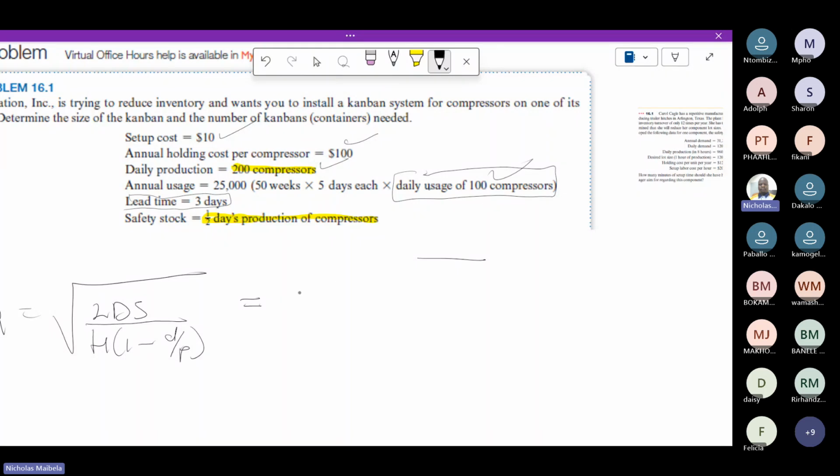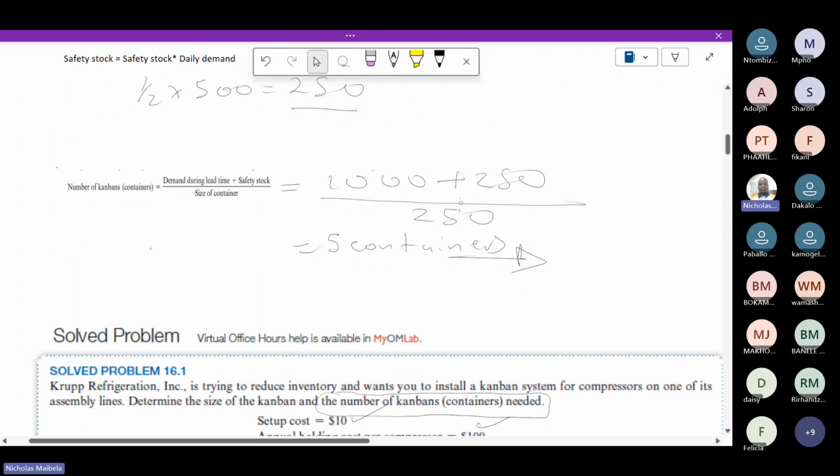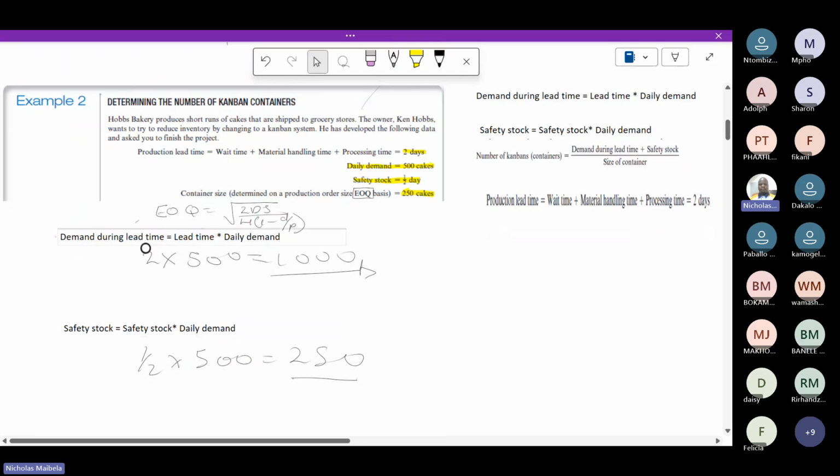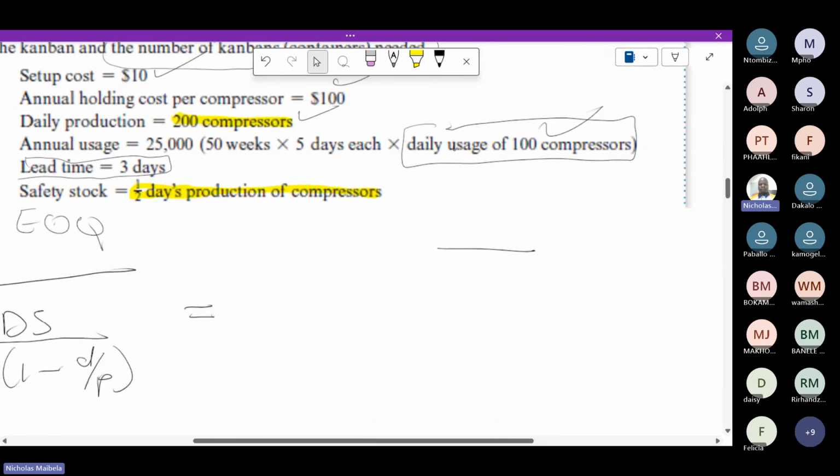So we're not given the EOQ. We're looking for the number of Kanbans, okay? As you can see there, we're looking for the number of Kanbans, and we're not given the EOQ. So the EOQ formula is, like I said here, that you'll need to use. Now we have that problem. We now need to use that formula.